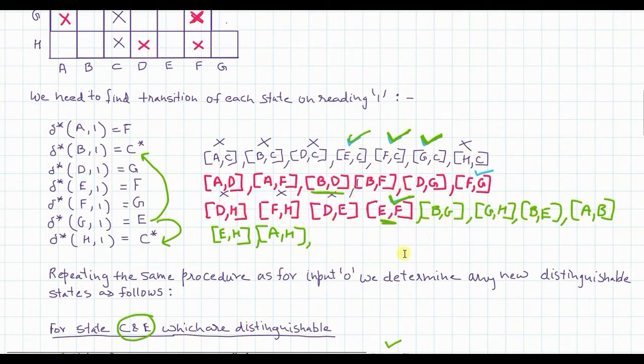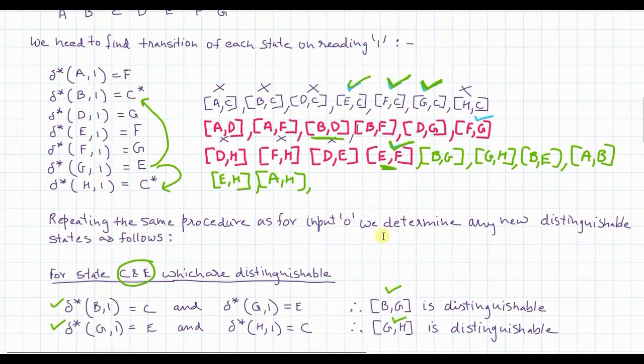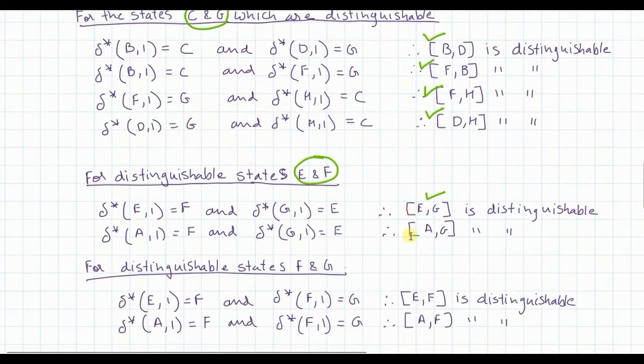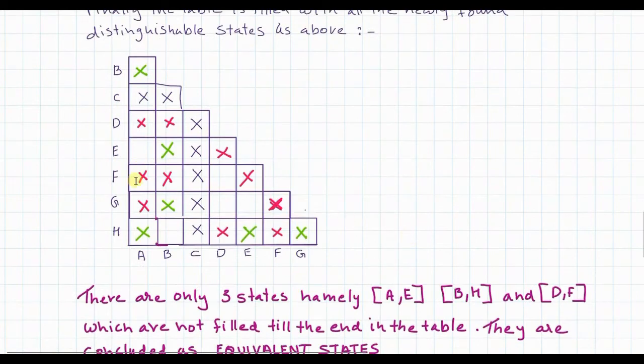E comma G is not present, so I will add now E comma G. I will add E comma G and it will be also marked. G comma E or E comma G will be also marked in the table. So E comma G I cannot find, but G comma E, let's see whether we can get it. G comma E is this cell.